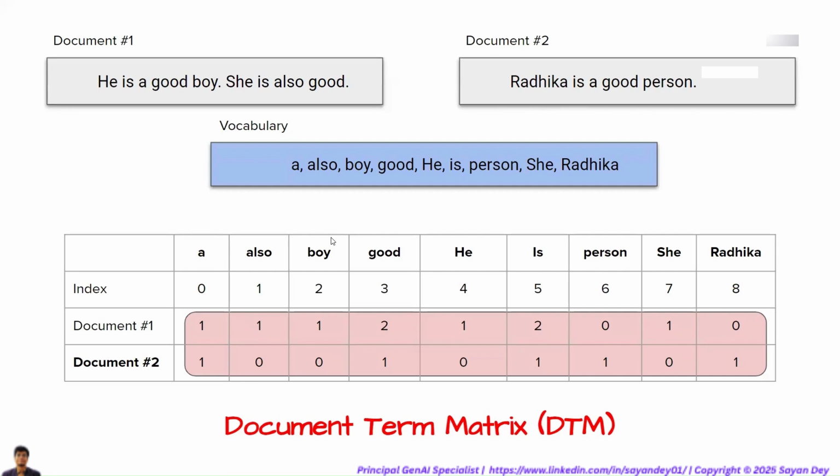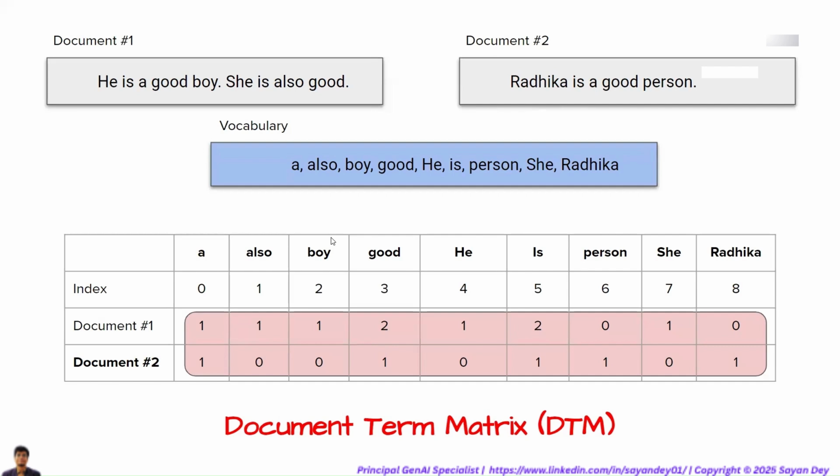So we are seeing document one consists of this word this many times, and document two consists of this word this many times, and document three consists of this particular word this many times. So document one consists of the word person zero times, and document two consists of the word Radhika, let's say, one time. So we are actually looking at the word counts, how many times the words are occurring. That is what we are able to fundamentally track.